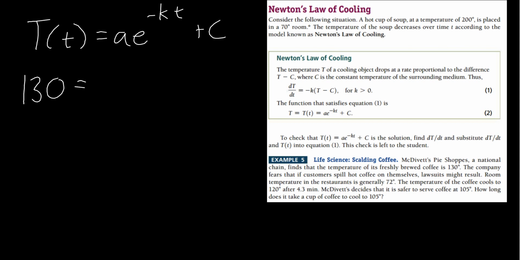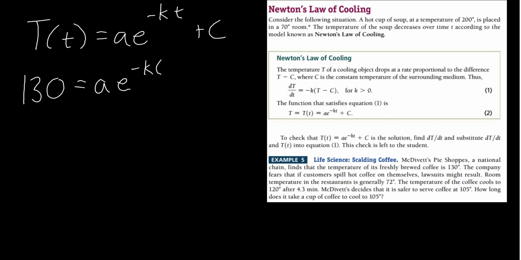A, we don't really have a way to solve for A. A is just some sort of constant that we're multiplying it by. And then e, of course, e is not a variable, but a number. And then k, we don't know what k is either, and that's super unfortunate.